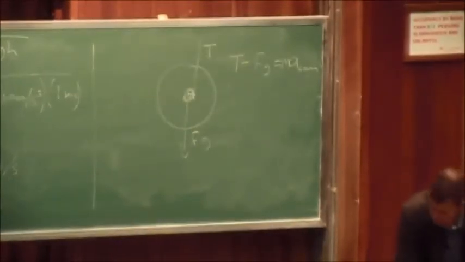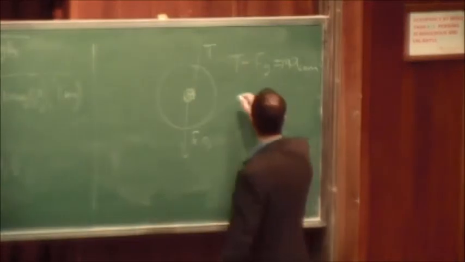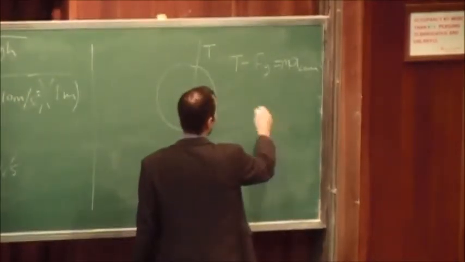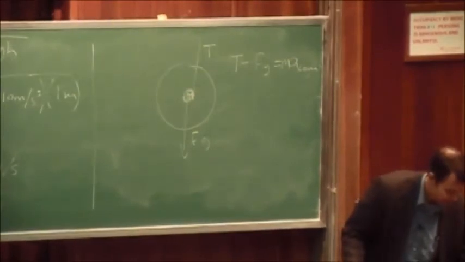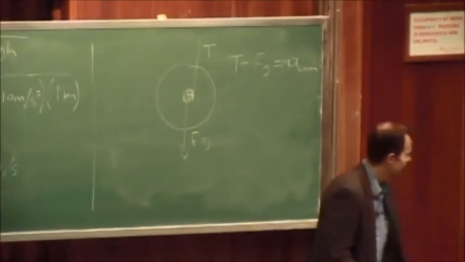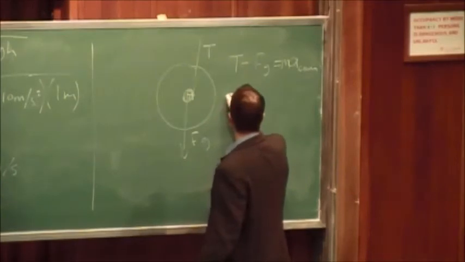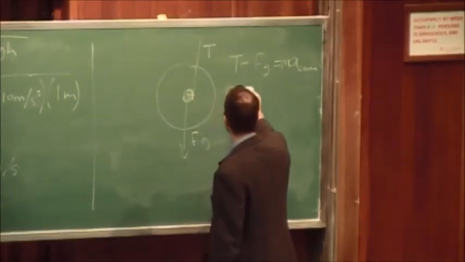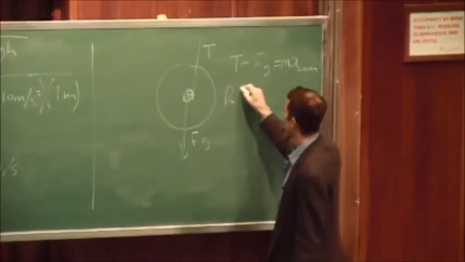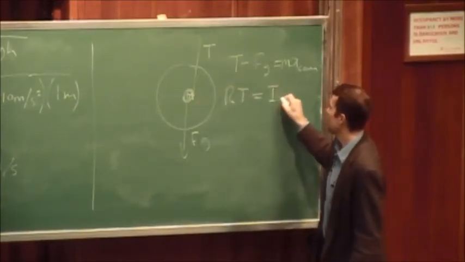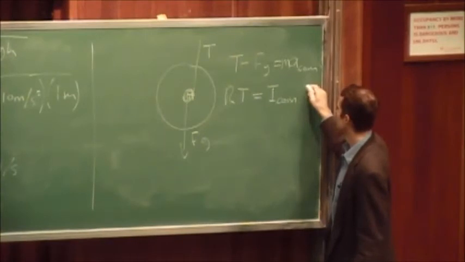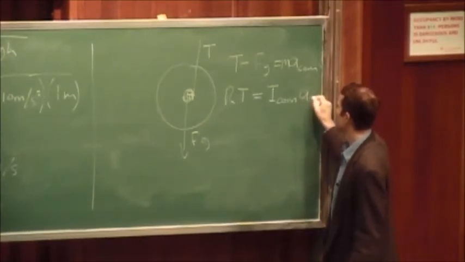So let's estimate this, 5 millimeters. So I'm going to say that the radius times the tension is equal to I center of mass alpha.